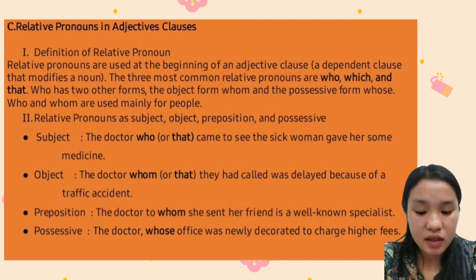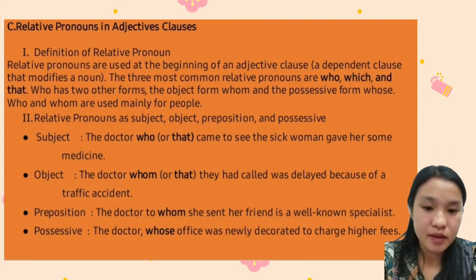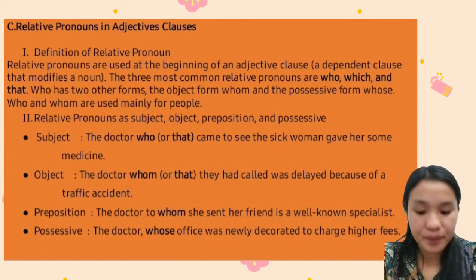The word which in the sentence is a relative pronoun as subject. Number 2. The tree which or that his father planted last year already has blossoms. The word which in the sentence is the object of the verb.